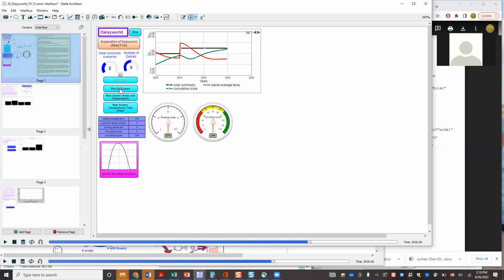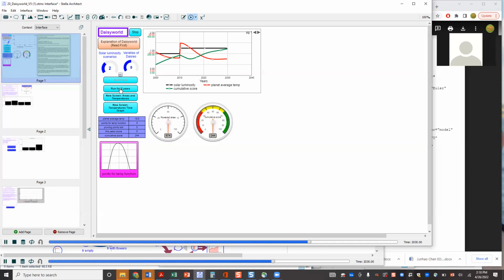Now, depending on your teaching goals in this sort of a model, you would probably want people taking a pretty close look at what's happening to the daisies in this situation. What do you think happened to the daisies when you increase solar luminosity by 25%? What do you think happened in terms of the selective pressures on your white and your black daisies under that particular event? Shantanu, what do you think?